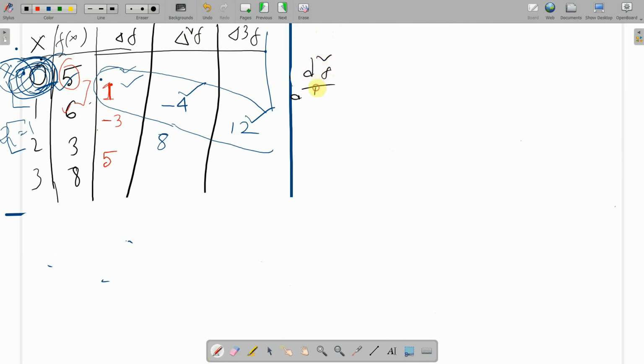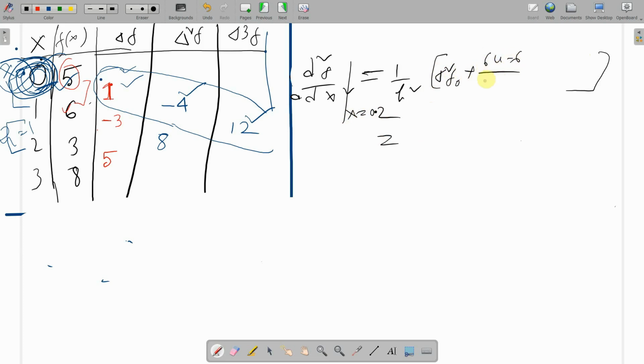So d2f dx2 equals 1 by h square, and what will be the value at x equals 0.2? It will be delta square f0 plus (6u minus 6) by 6 delta cube f0.